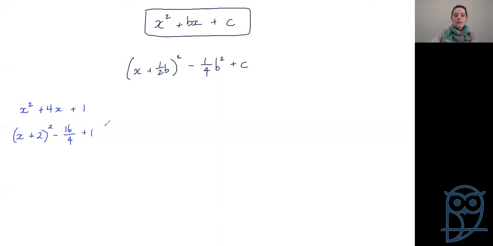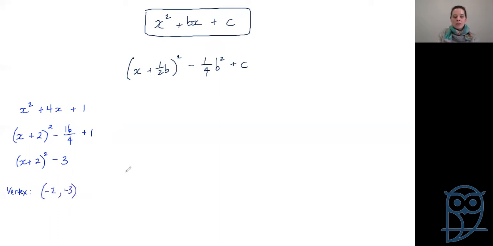So you have x plus 2 all squared minus 16 over 4, well 16 divided by 4 is 4, so minus 4 plus 1 is minus 3. Done. Okay, and from there, let's go straight to our vertex. We can see, remember, we change the sign of the one inside, and we keep the sign of the one outside.